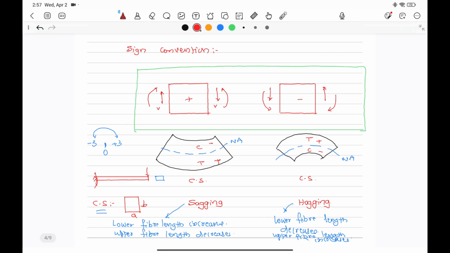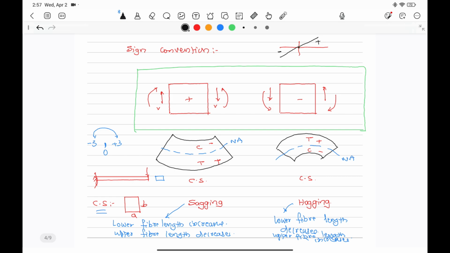But while changing, there will be a point where it crosses 0. It is like this. Let us draw a graph. Load versus strain. That graph will be like this. That means from negative to positive, and it is passing through origin.